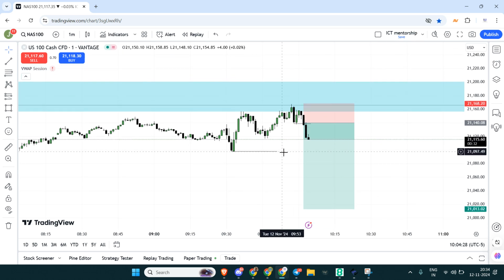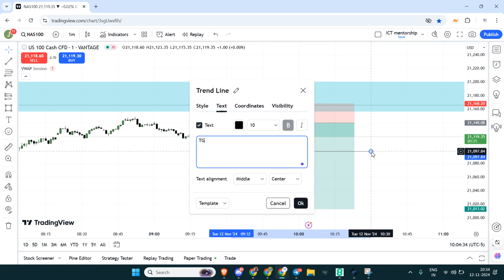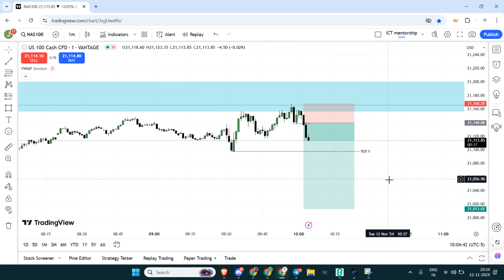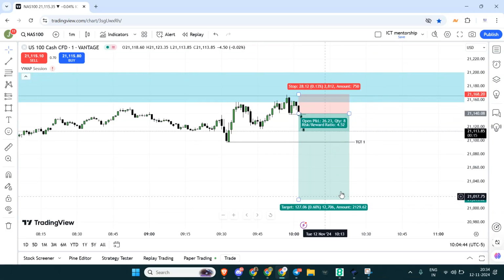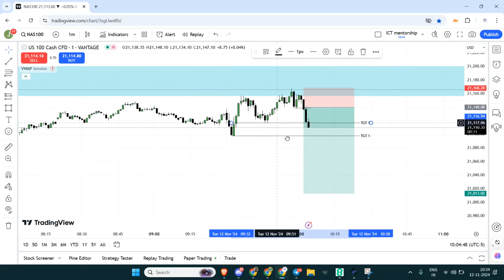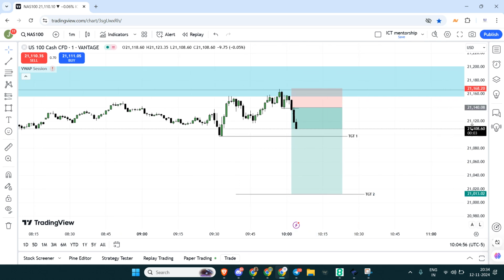Price is nearly at our first target. This is our first target. Target one. So target two. Okay, let's see.